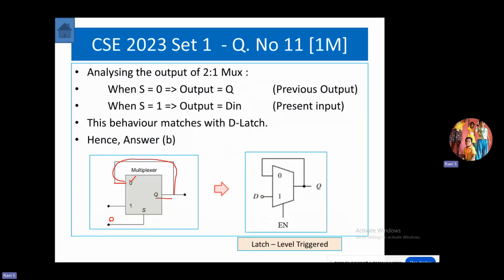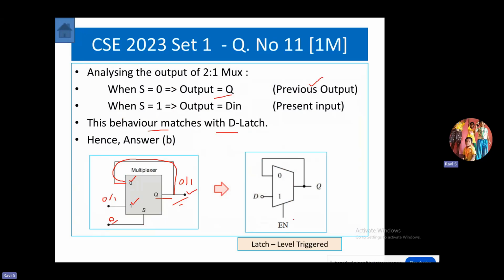So whenever I make the select input 0, the previous value of Q, either 0 or 1, will appear as output. So it is like our previous output appears as our present one. If the select input is 1, whichever data we apply here, 0 or 1, the same appears as output here. So this behavior matches with a D latch.